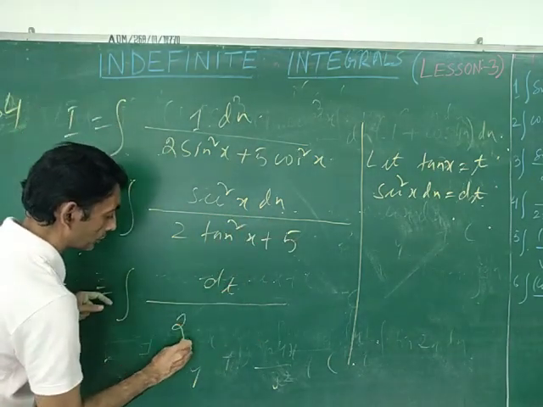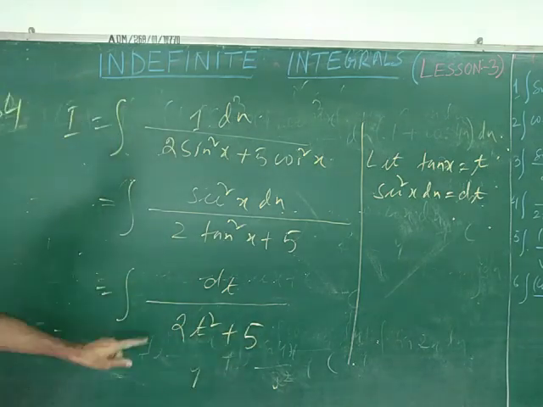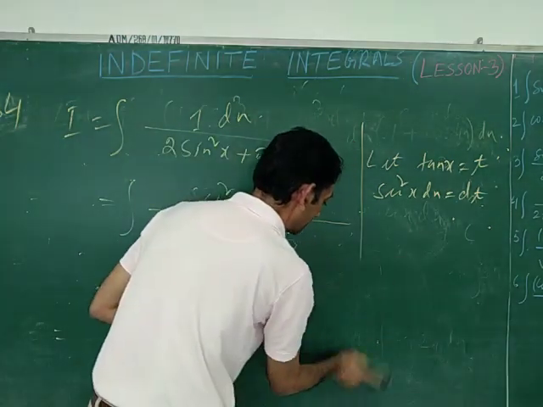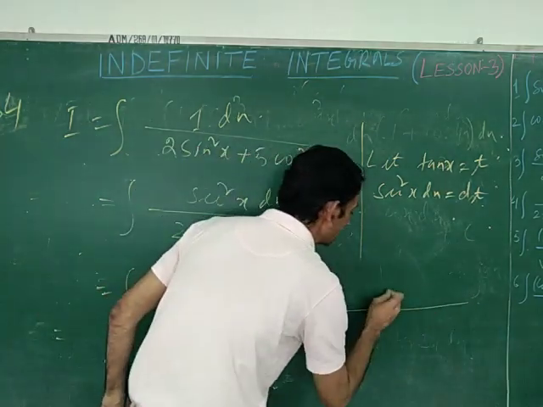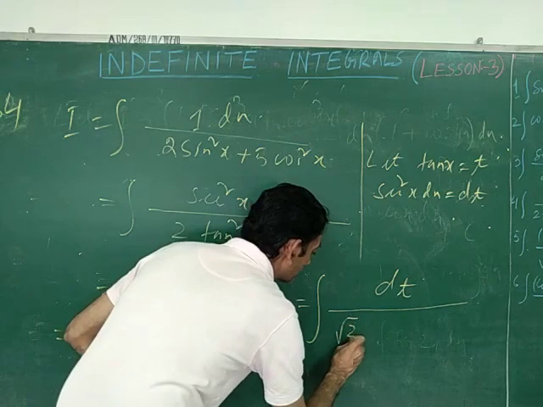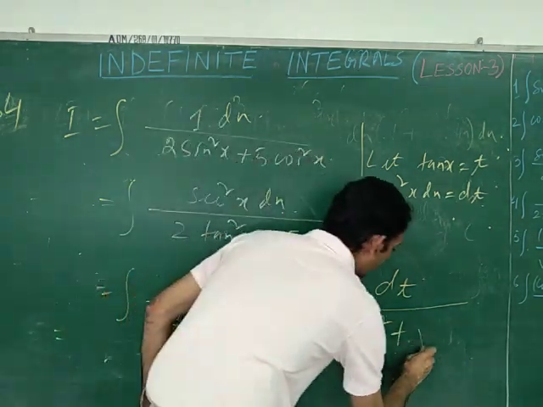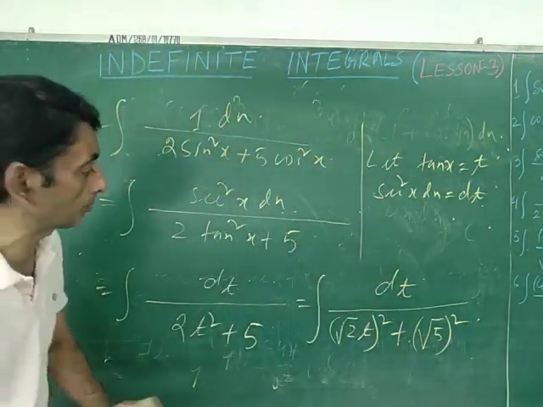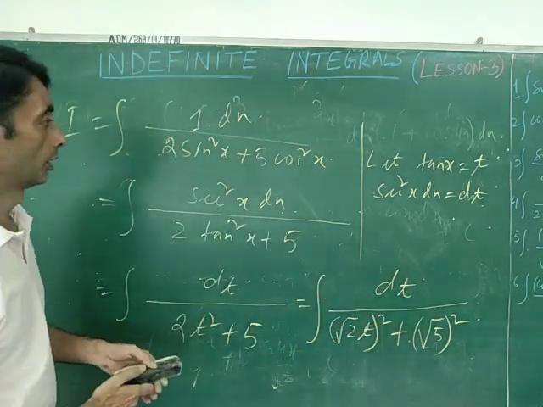Then 2t square plus 5. We can write this in a simplified form so that we can use a standard integral: dt by root 2 t whole square plus root 5 square.